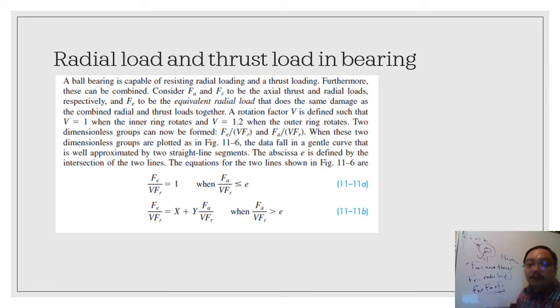A two-dimensional load can be formed, because the loads cancel out. So Fe equals V Fr, where V is the rotational factor.